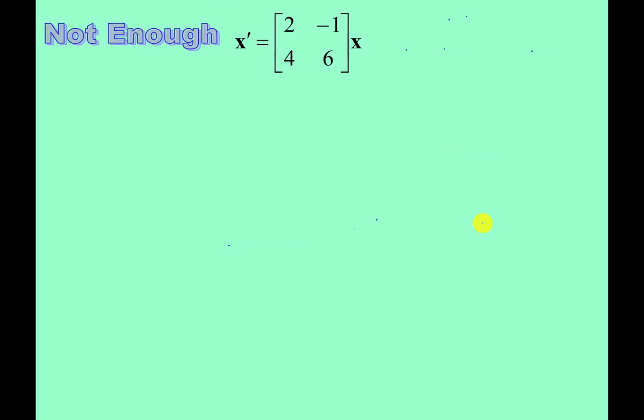All right, now another thing that can happen with a repeated eigenvalue, and we're going to see it right here. So let's go ahead and do our A minus lambda I, 4, 6 minus lambda. And negative lambda times negative lambda is lambda squared. Negative 6 lambda minus 2 lambda is negative 8 lambda.